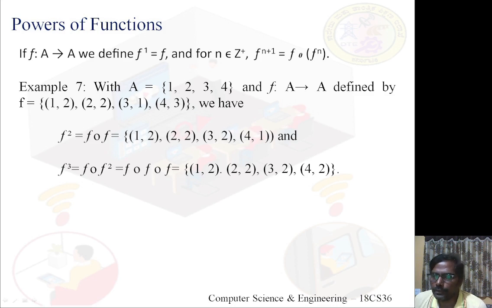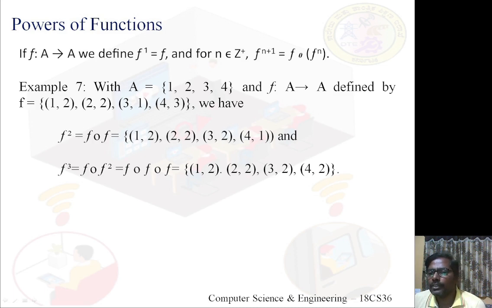So we know how to apply composite functions, right? The condition is that to form a composite function, the codomain of one function should be the domain of the other function. So to compute f dot f, the codomain and domain both are same, so we have a composite function.